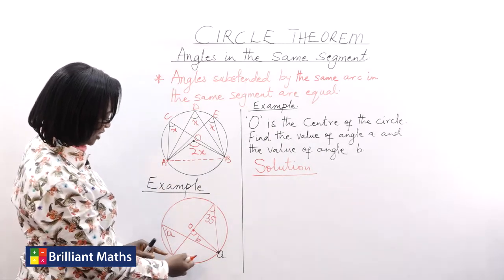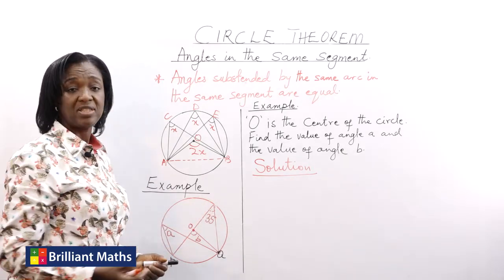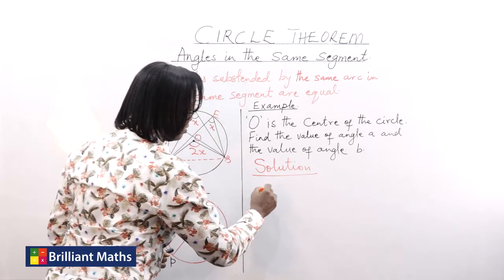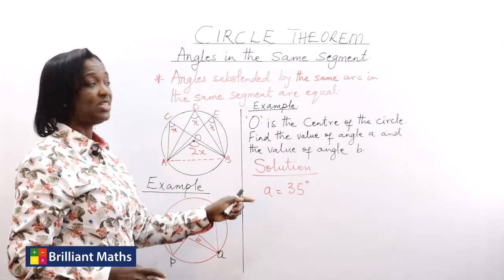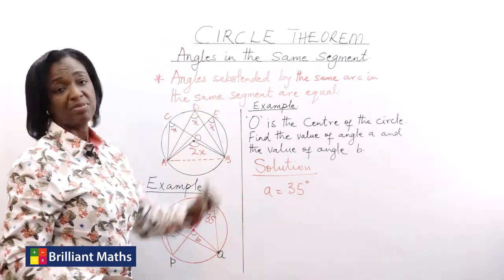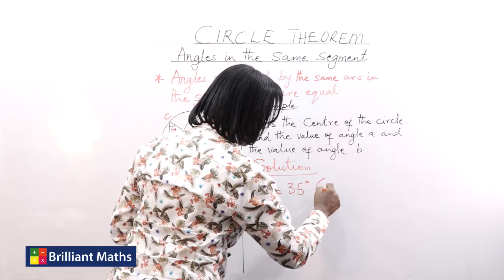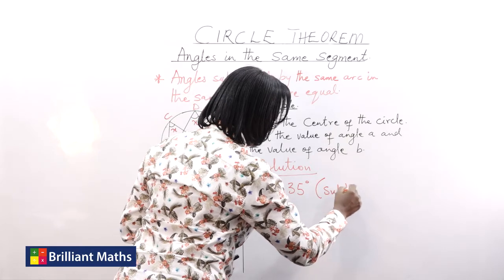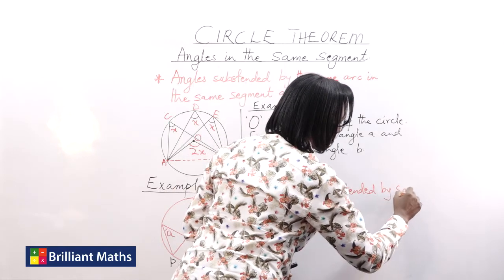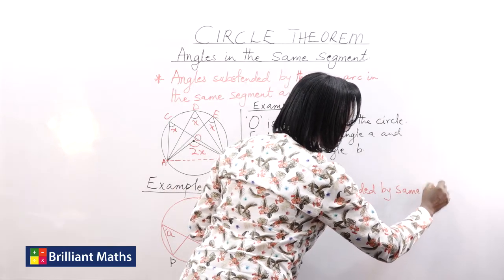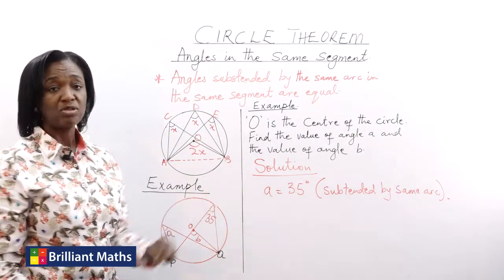So we said that A and 35 are subtended by the same arc. Angle A is equal to 35 degrees. What is the reason? Angles subtended by the same arc in the same segment. So the same arc subtends angle 35 degrees and angle A. Therefore, A is equal to 35 degrees.